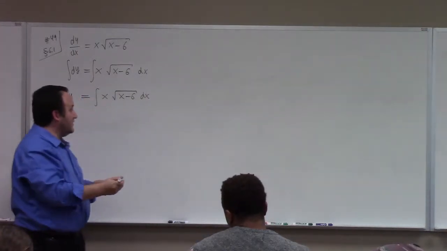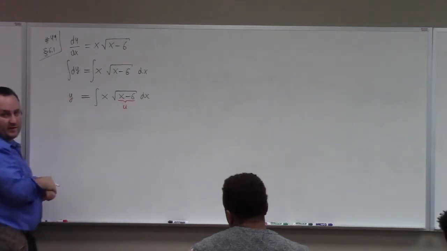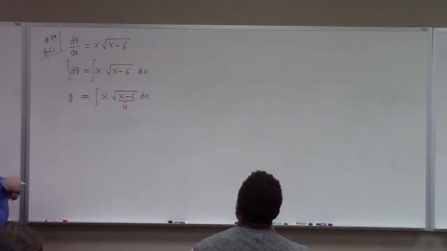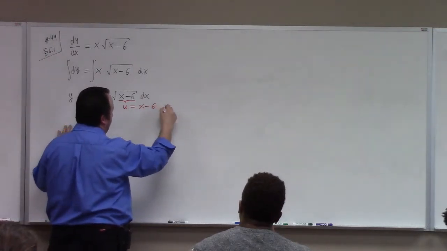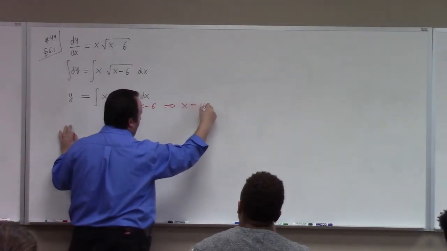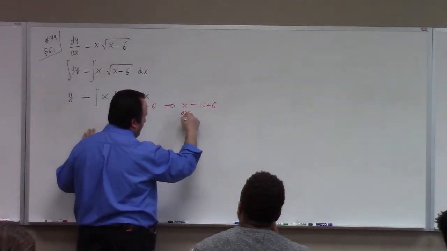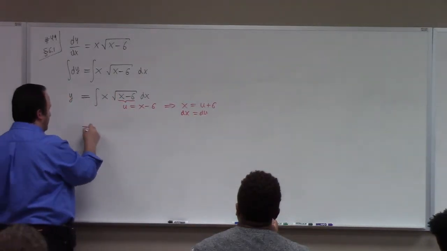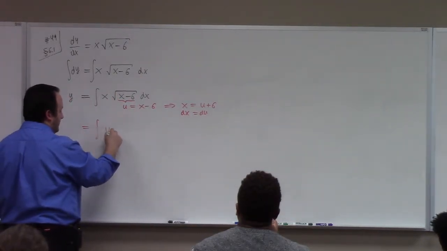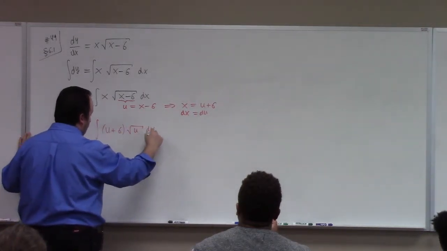Just a u substitution will do it here. So what do we make u equal? Make u equal to x minus 6, right? What's that make x equal to? u plus 6. What's dx? dx is du. And so you see what we have is the integral of u plus 6 times the square root of u du.